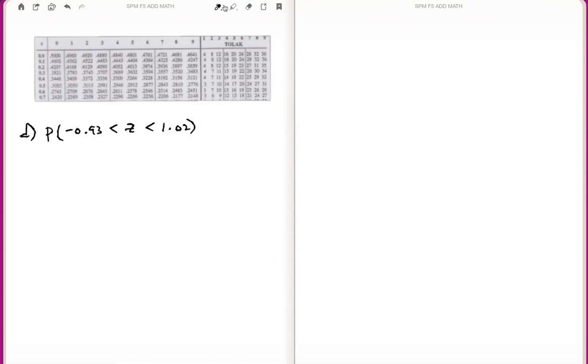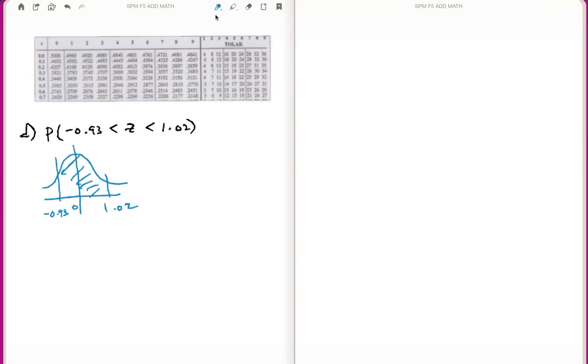What you do, again, you need a bell curve. It doesn't need to be a very nice one, but if you know where 0 is, you will be able to identify where it's negative. So 0.93 is here, and 1.02 over the right hand side. It doesn't really need to be very accurate.